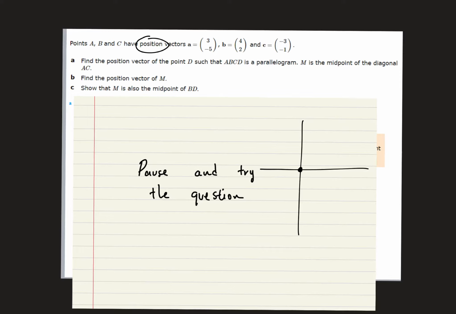So A would be here, 3 across 5 down, say for example. B will be 4 across 2 up. C would be 3 left, 1 down.